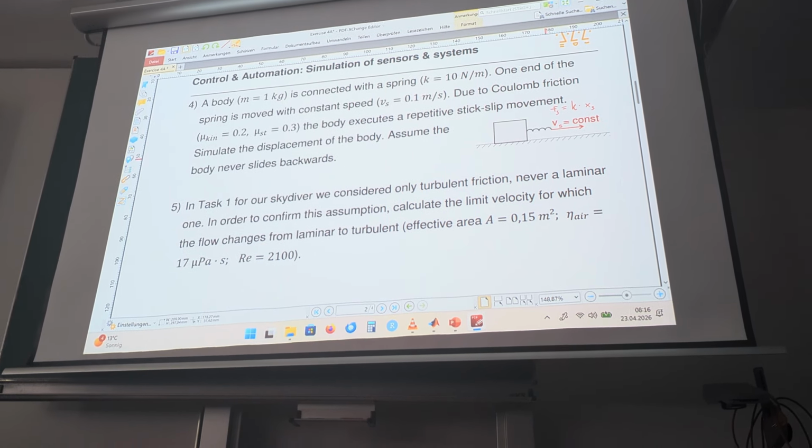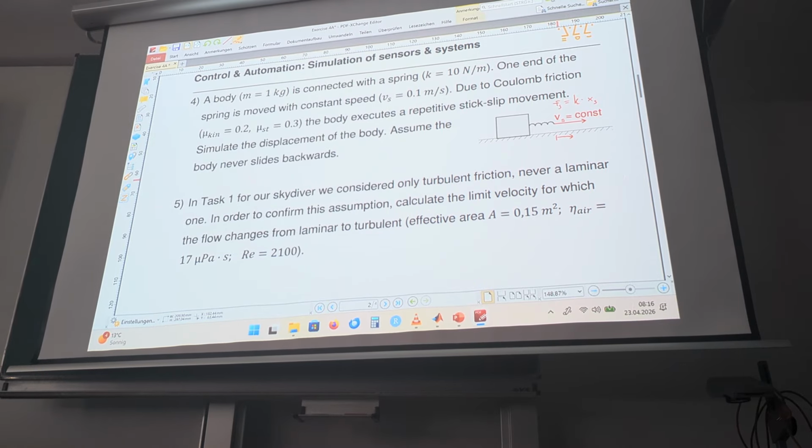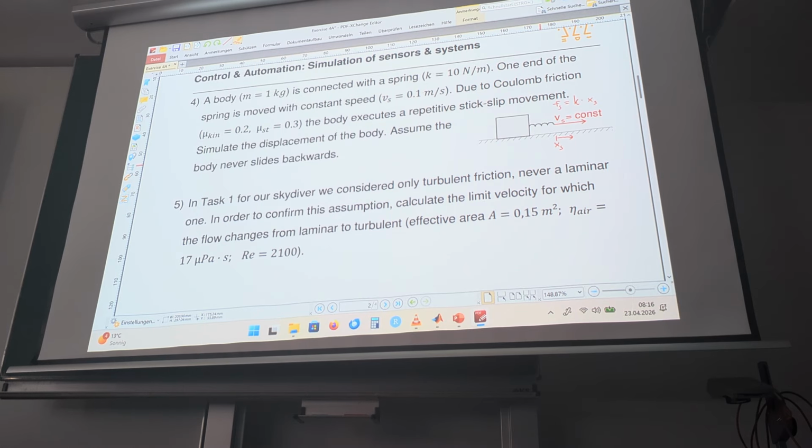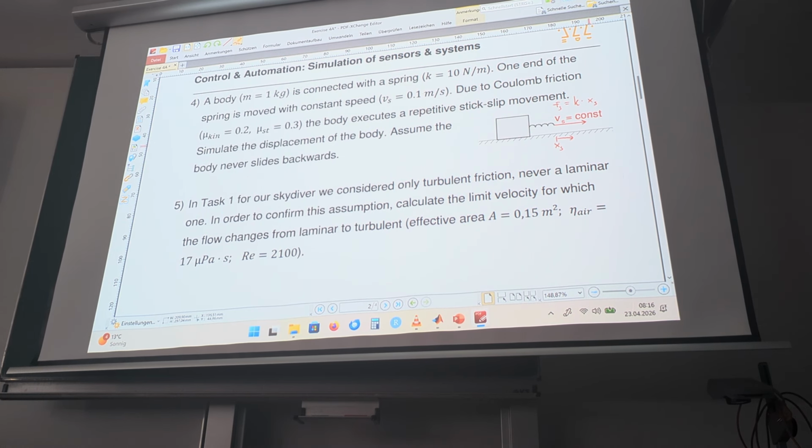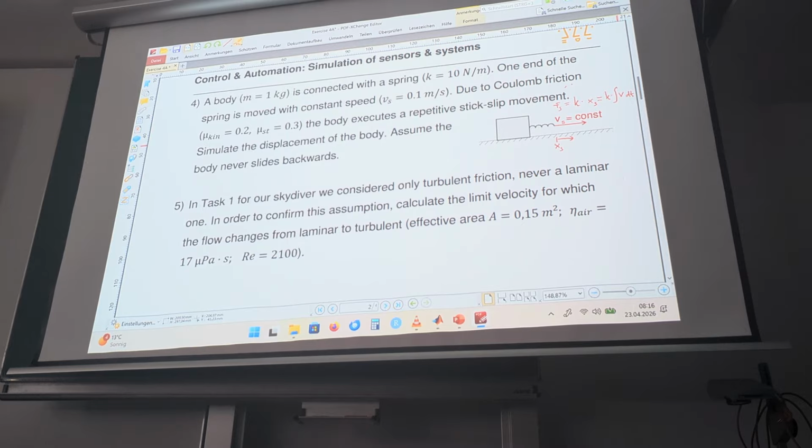We have here another reference frame. This is x of the spring. And the displacement is the integral of the velocity. So we have k times the integral of velocity over time, and it's the velocity of the spring.